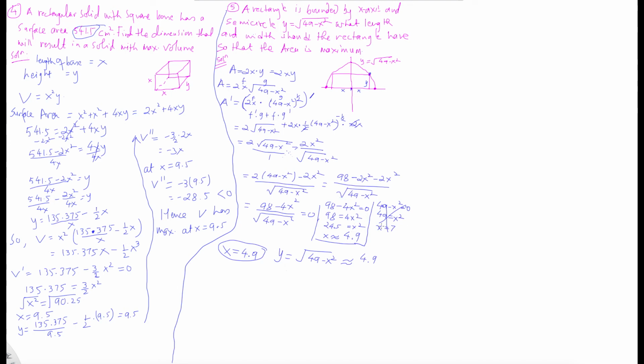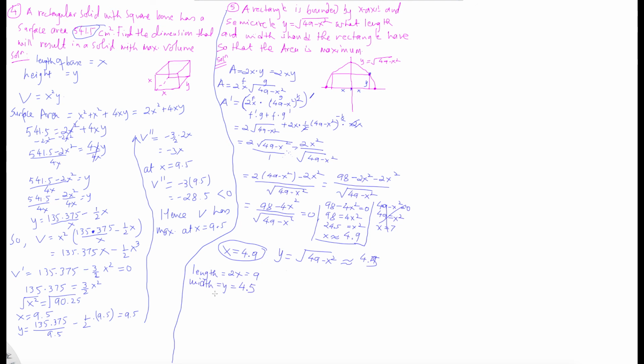So what is the length, by the way? Here the width is 4.9, right? But what is the length? Length is not x, right? Length is 2x, because x is half of that, so that will be 9, and then the width is the y, right? That is not 4.9, it is 4.5.